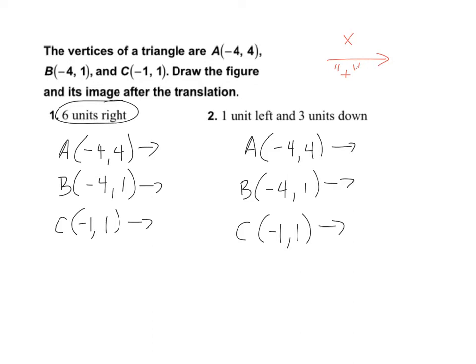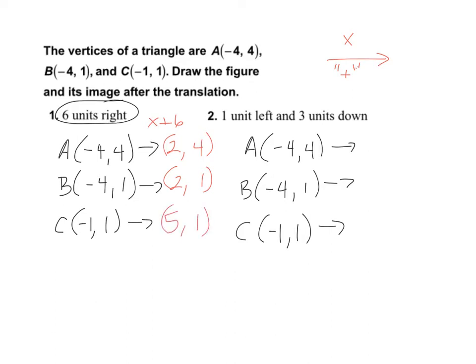So (-4, 4) is going to change. If we take the x value, which is -4, and add 6, that's going to be (2, 4). B is going to be (2, 1). And C is -1 plus 6, which is (5, 1).